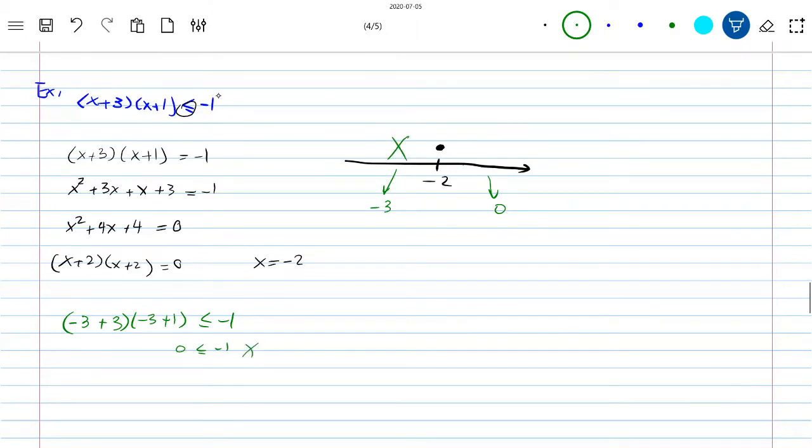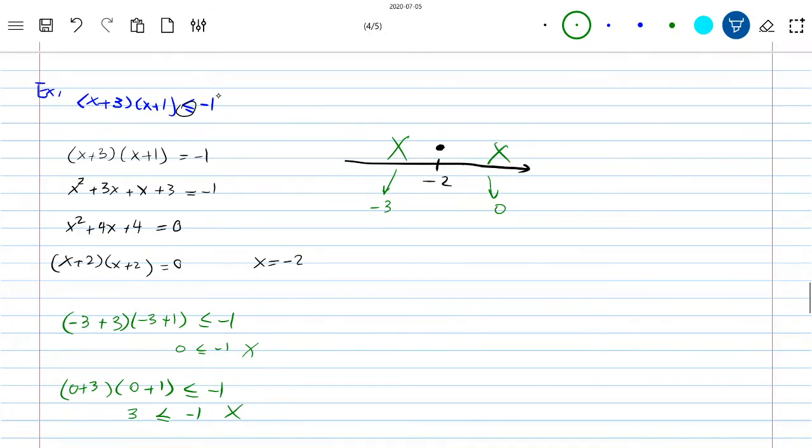So I cannot accept this section. And how about if I replace 0 into the inequality? What do I get is (0 + 3)(0 + 1). Is it less than or equal to negative 1? 0 plus 3, 0 plus 1, you'll get 3. Less than or equal to negative 1? Not really. So this is not acceptable either.